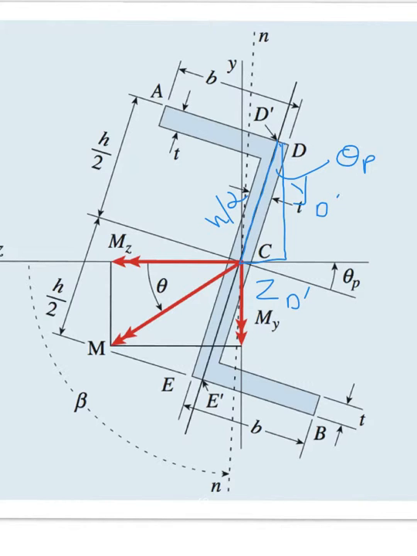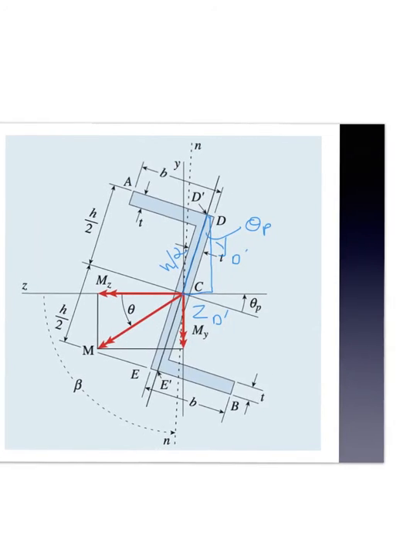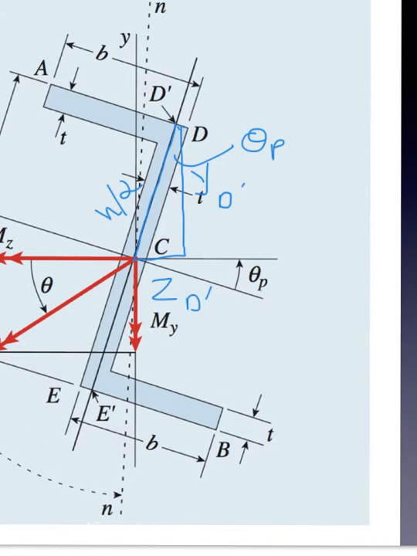So therefore, we can confidently say that y D prime is equal to h over 2 the cos of theta p.